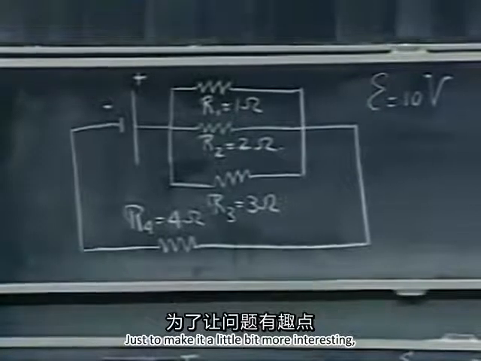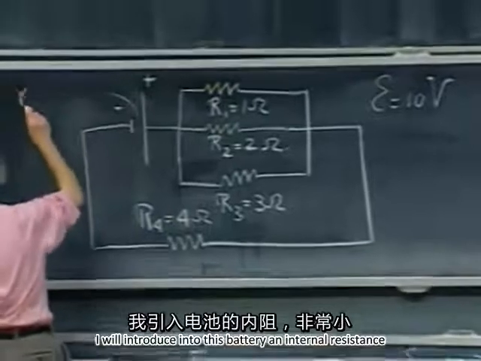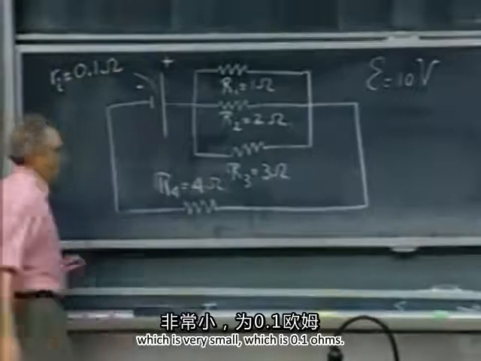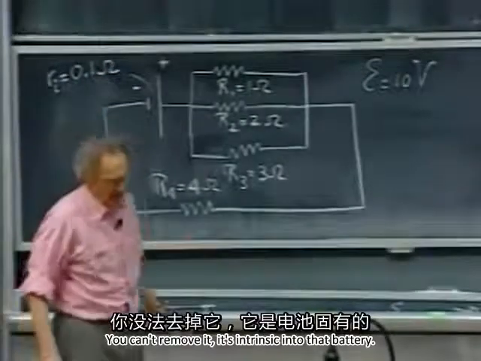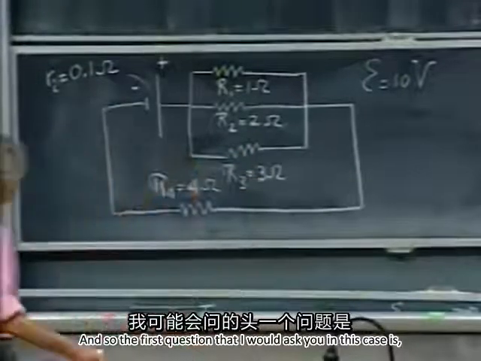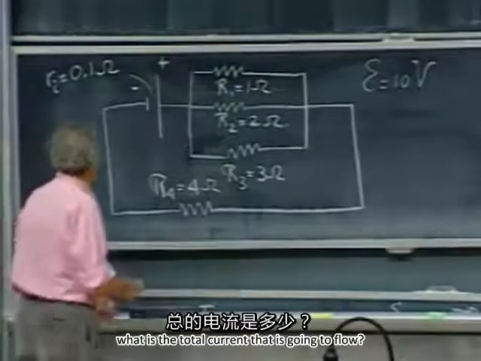Just to make it a little bit more interesting, I will introduce into this battery an internal resistance which is very small, which is 0.1 ohms. You can't remove it. It's intrinsic into that battery. And so the first question that I would ask you in this case is, what is the total current that is going to flow?